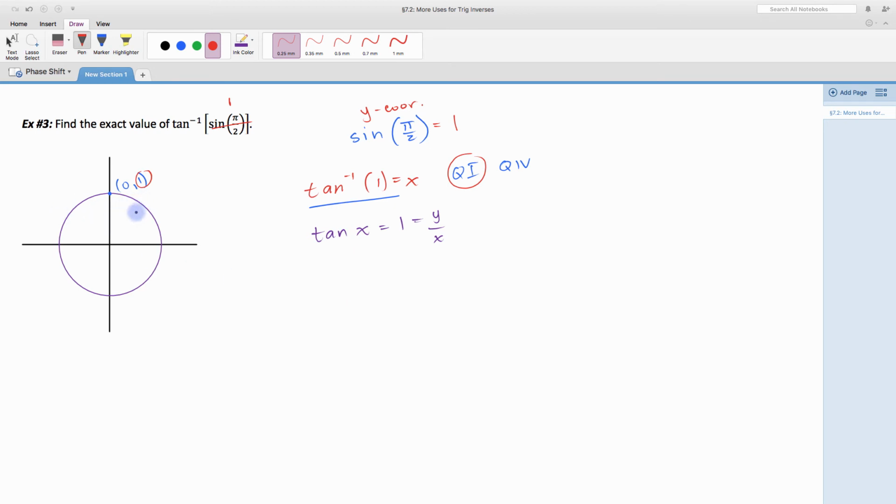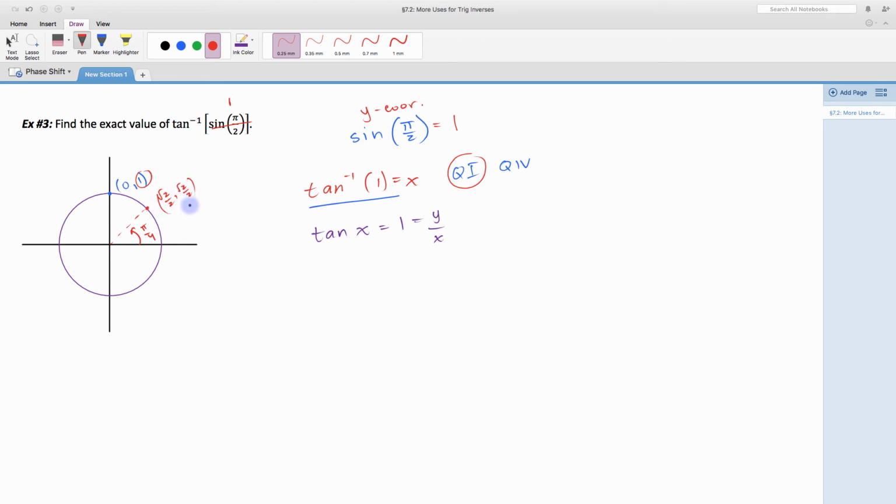So we're looking here in quadrant 1, and we have y divided by x. The ratio of this has to be 1. Now, if we think back or look at our unit circle, we can see that if we look here at this angle, pi over 4, it has ordered pairs of square root of 2 over 2, square root of 2 over 2.